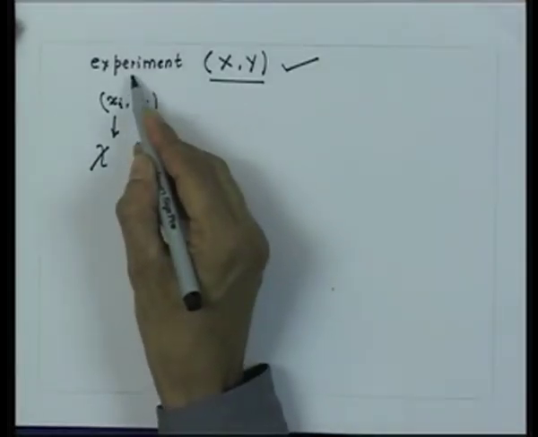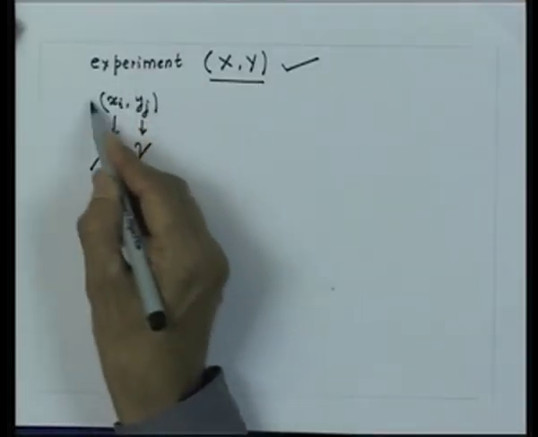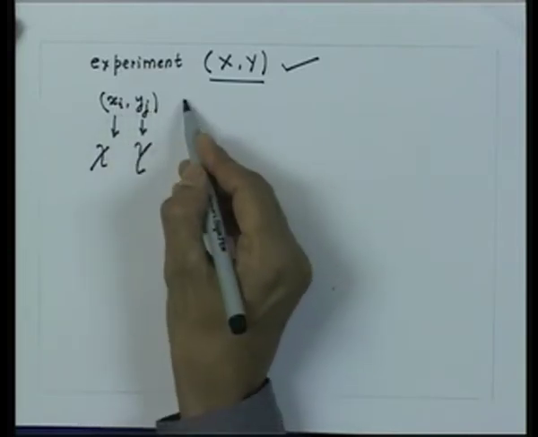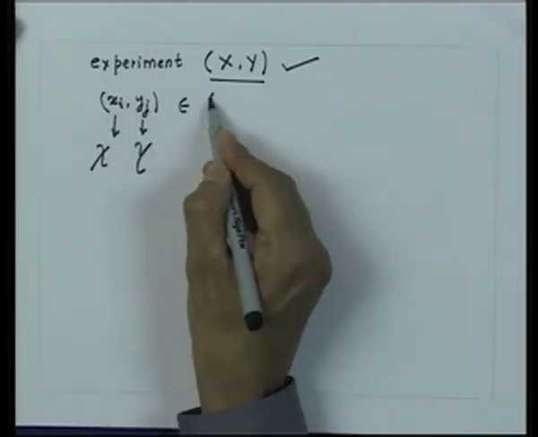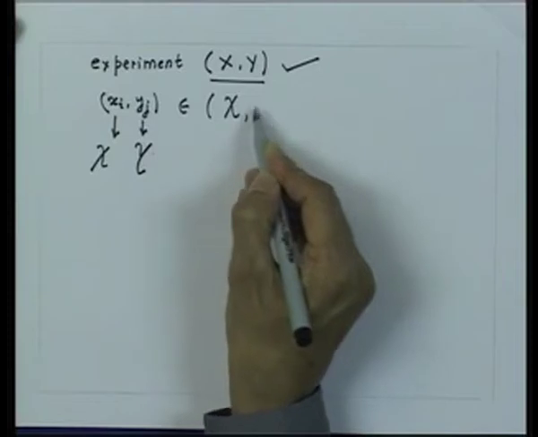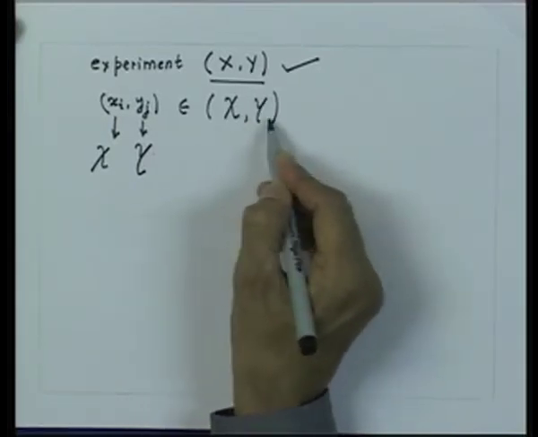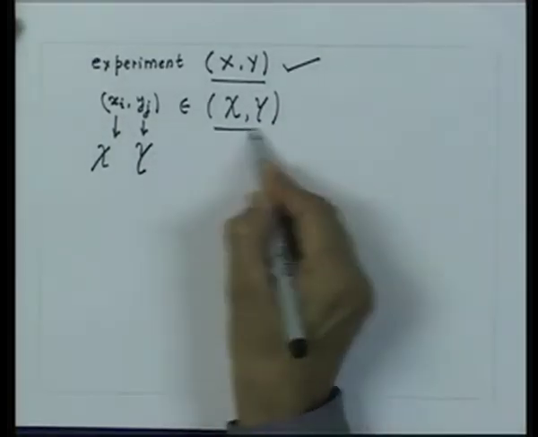So, for this experiment xy, I have the elements xi yj belonging to a sample space given by this.